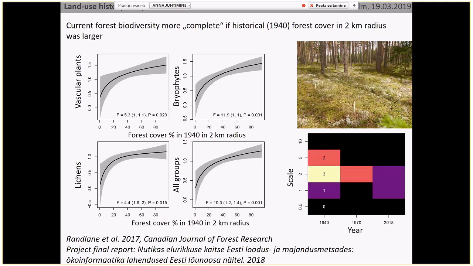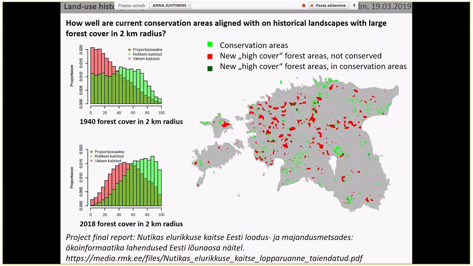So what does it mean? It means that we can look, and we did look, at our conservation areas in Estonia and whether they represent well the areas that historically had high forest cover in this 2-kilometer radius.